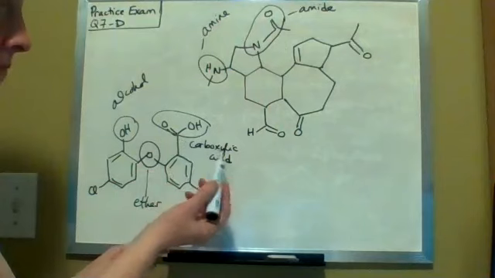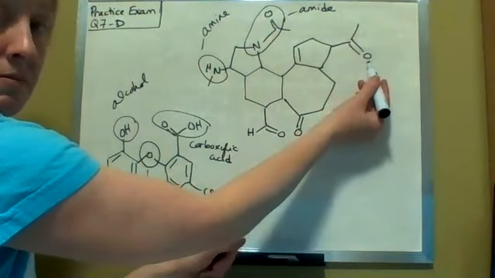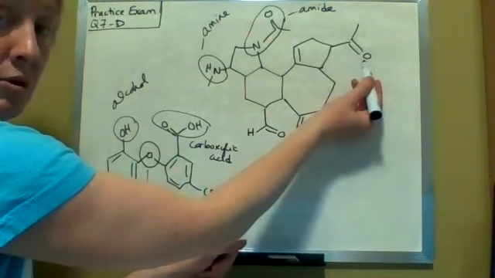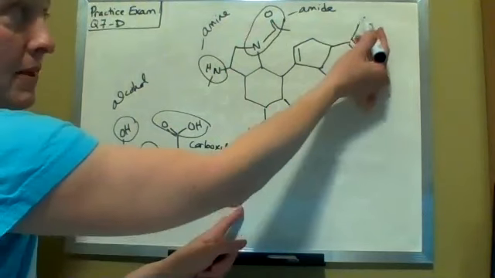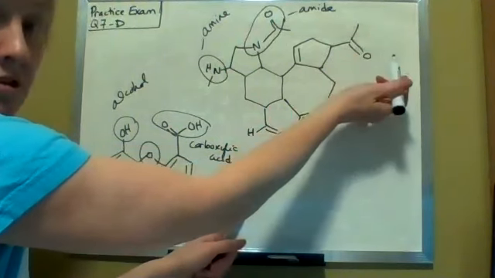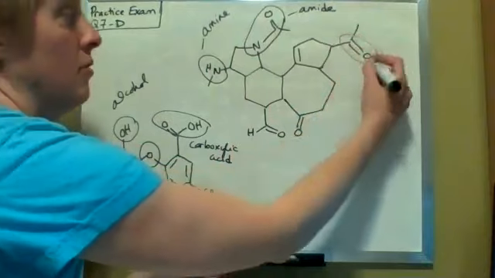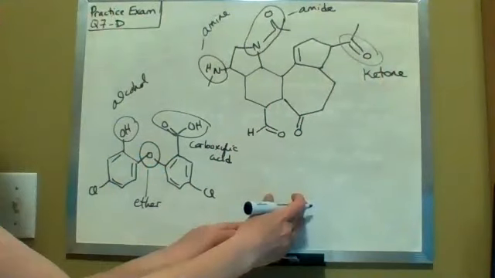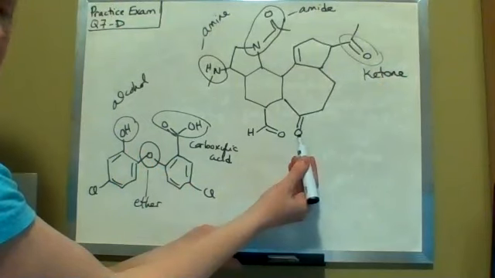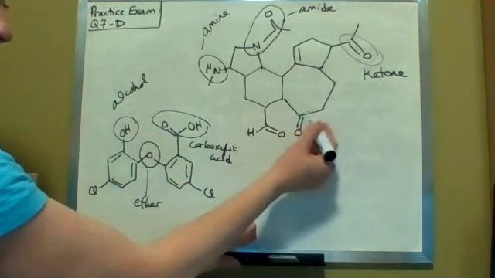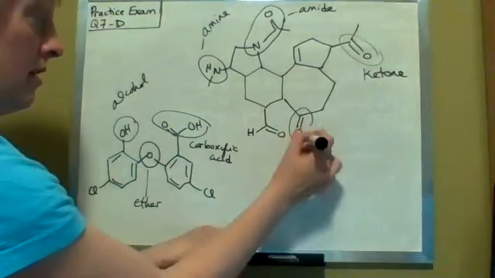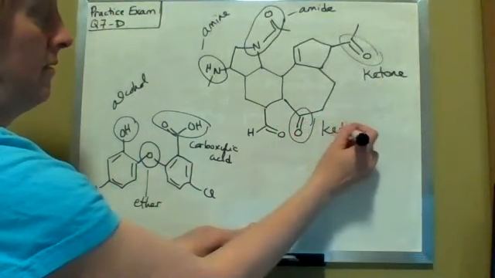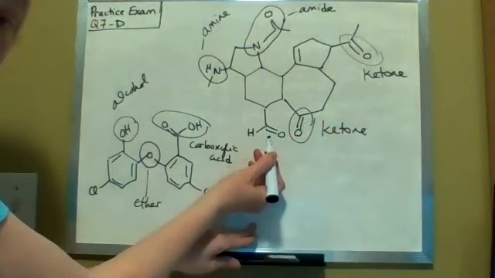Be careful. Here's an oxygen by itself, double bound to a carbon, and that carbon just has hydrocarbon on either side of that. So this is a ketone. See another one of them right here, because this carbon is just bound to hydrocarbons on either side. Here's another double bond, so it's a carbonyl functional group.